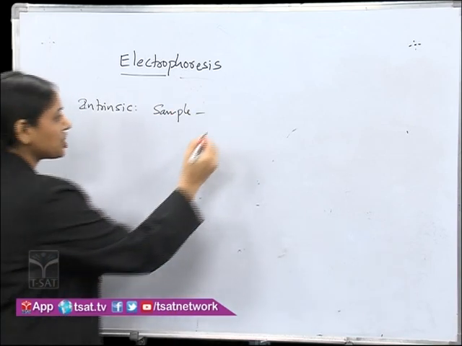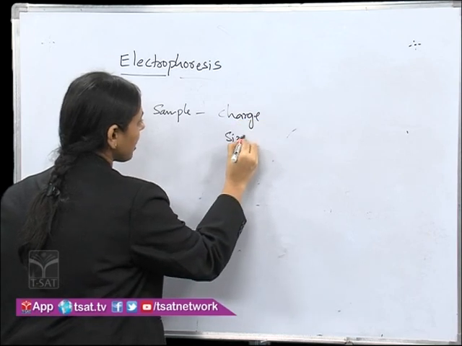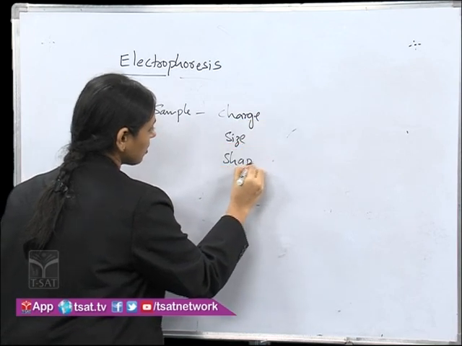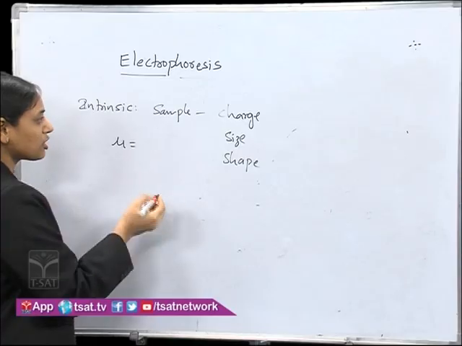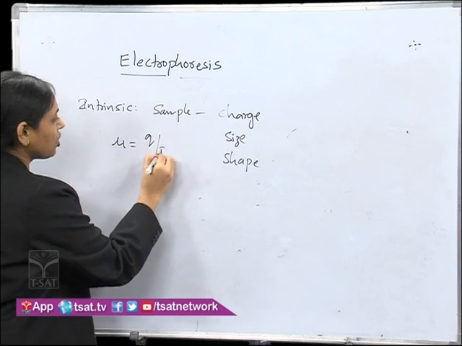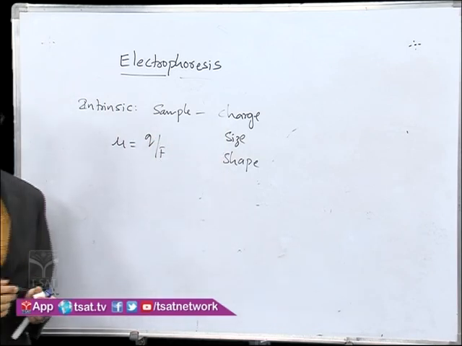They are charge, size and shape. As we saw before, electrophoretic mobility is equal to Q by F. Q is nothing but charge, and F is nothing but size and shape, right?